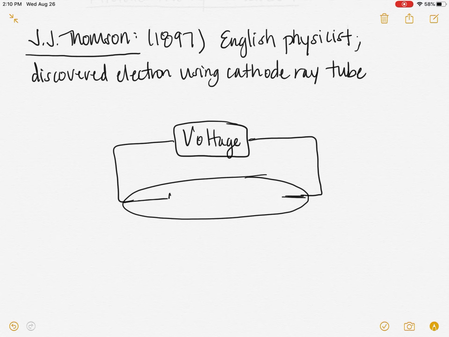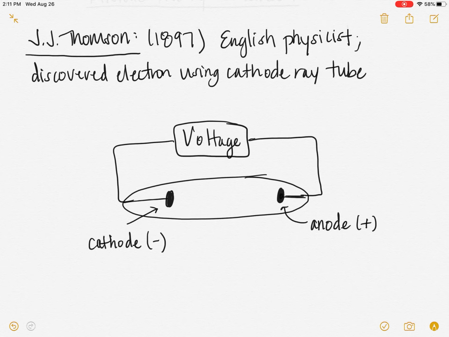In that glass tube were the cathode and the anode. Just like batteries have a positive and a negative side, and you have to put them in your TV remote the correct way, the cathode and the anode had a positive and a negative side.